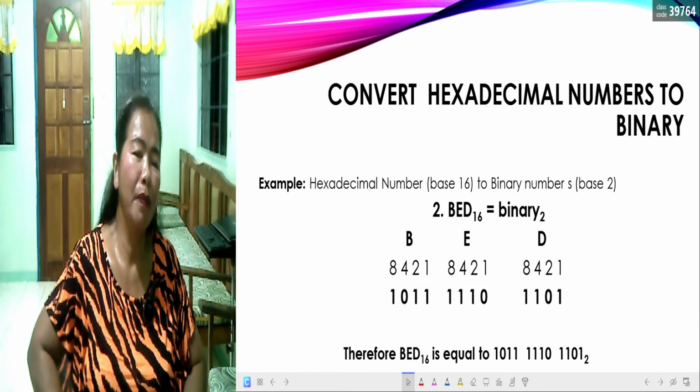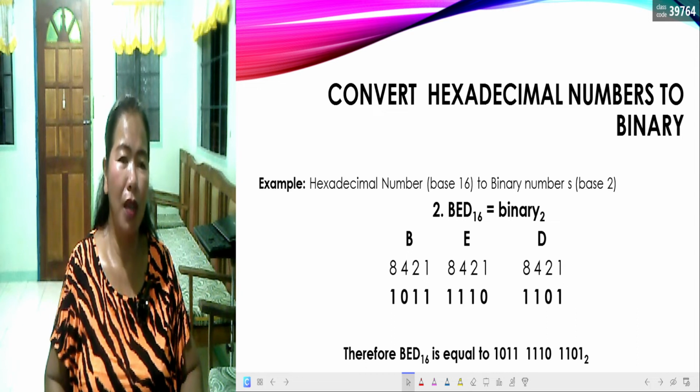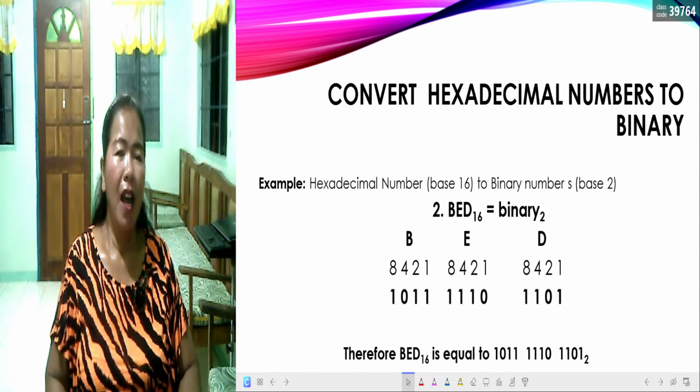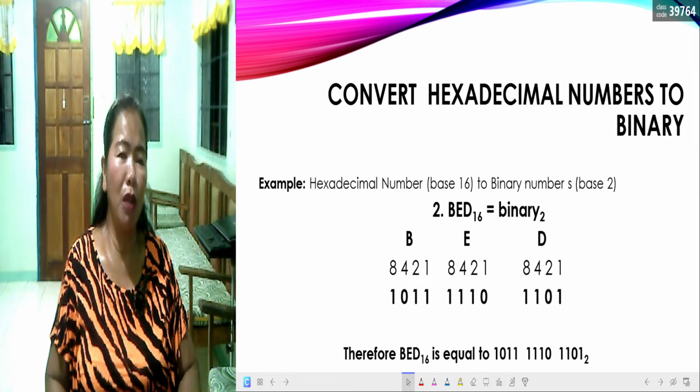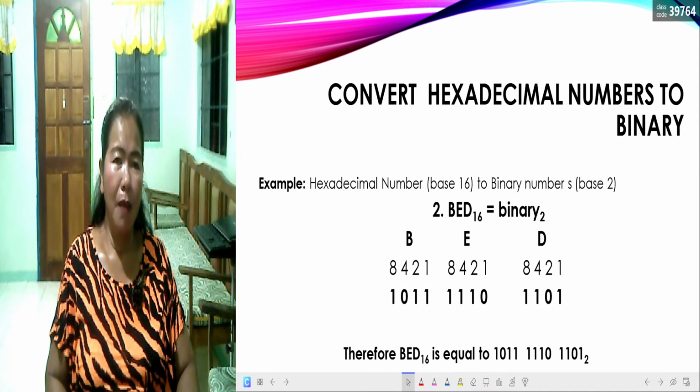And that will result to 11 or equivalent to B. So therefore, the binary equivalent is 8 is 1, 4 is 0, so that when you multiply 4 by 0, that is 0, then 2 and 1. And that will result to 11, which is equal to B.